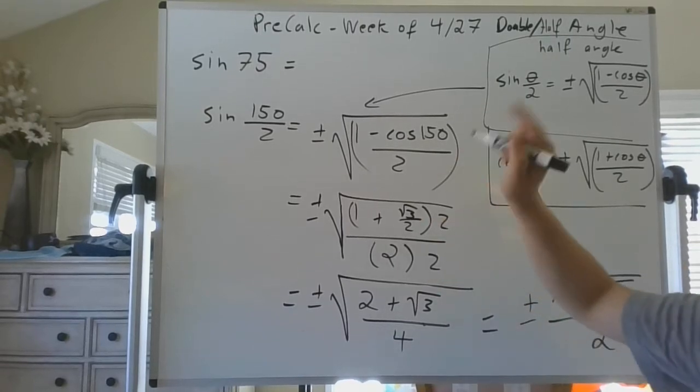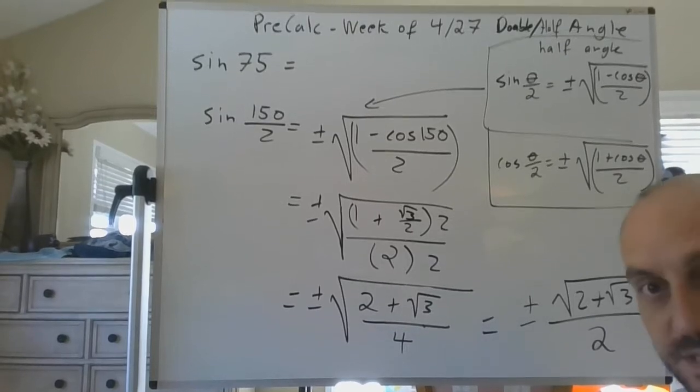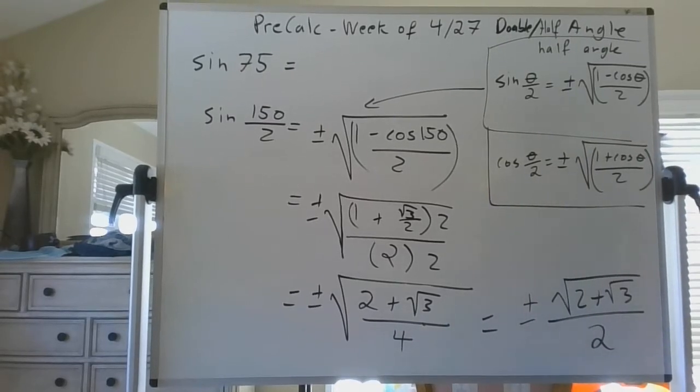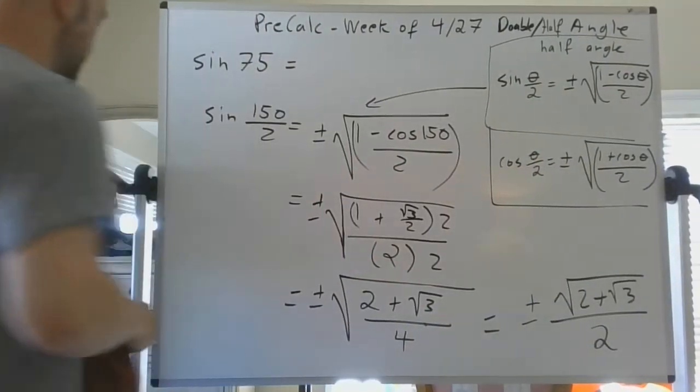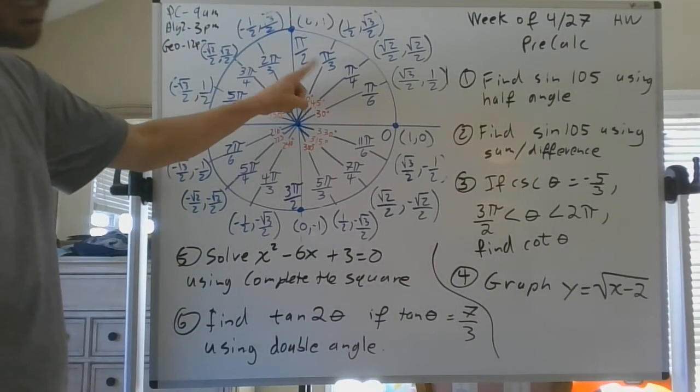Perfect. Okay, now you may think that this is your final answer, but I want to caution you guys for a second. My original question was, what is the sine of 75? This formula allows for plus and minus, right? But the sine of 75, we know something about the sine of 75. Let's go look back at it. It's going to be in this first quadrant right here.